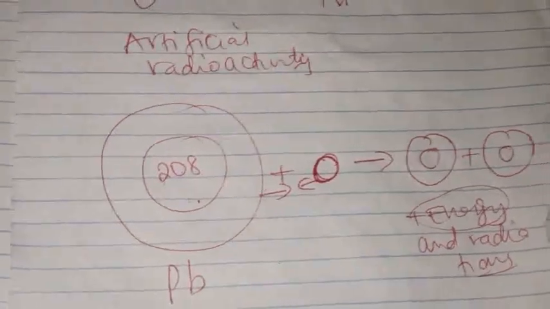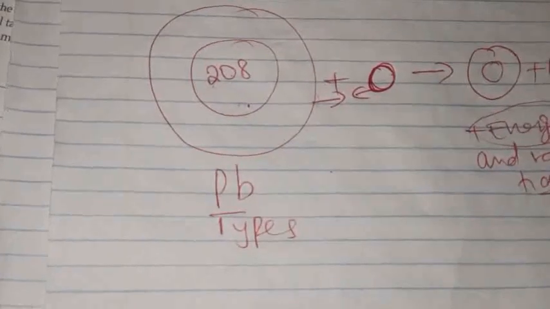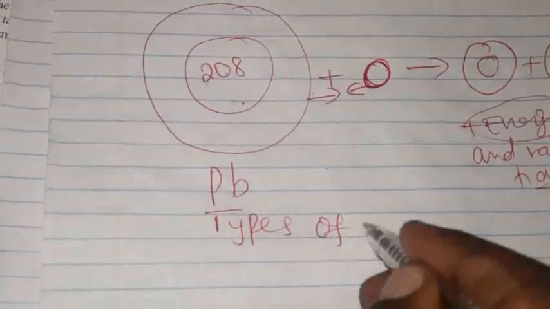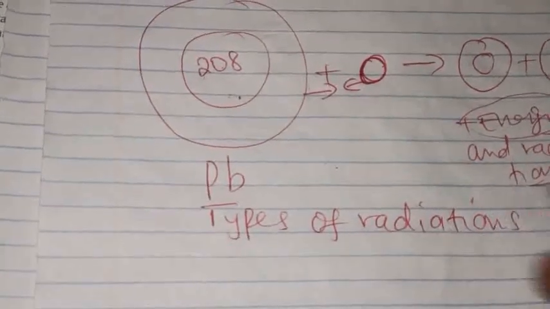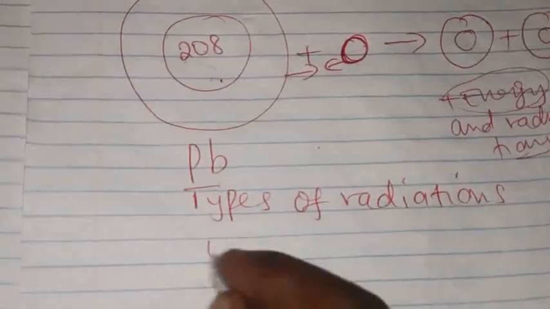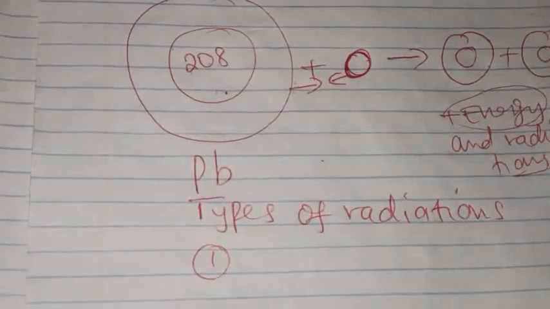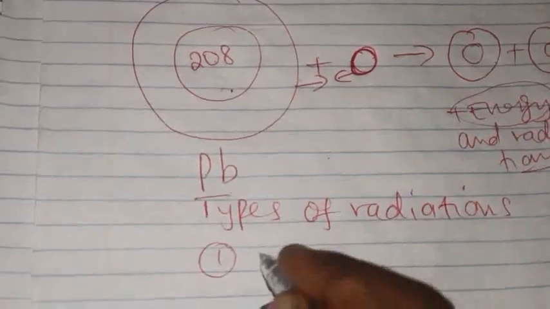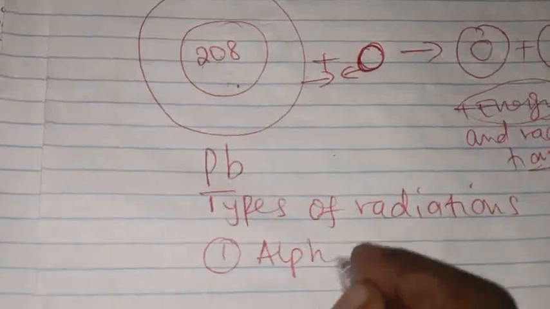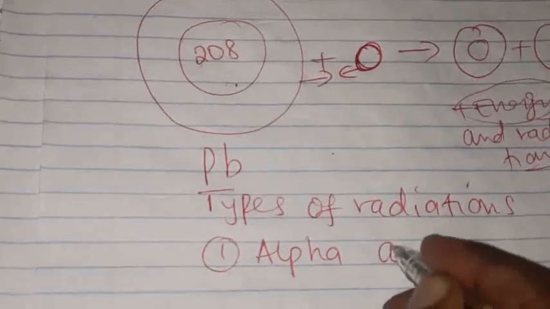So, types of radiations produced in a radioactive emission. The first type of radiation that gets produced in this radioactive disintegration or spontaneous breakdown is called an alpha particle. It is symbolized as this.